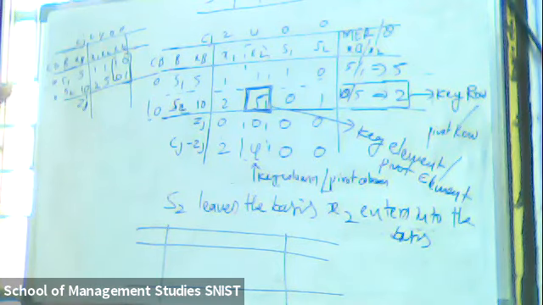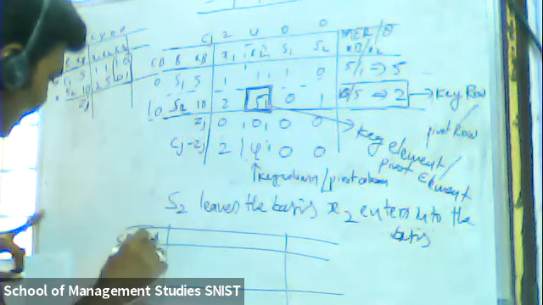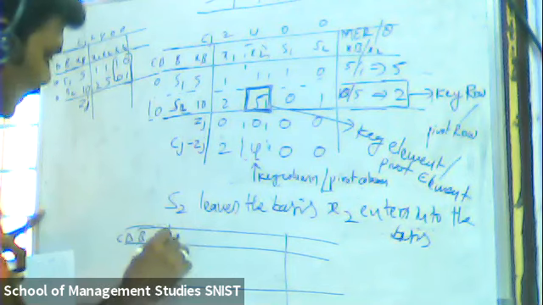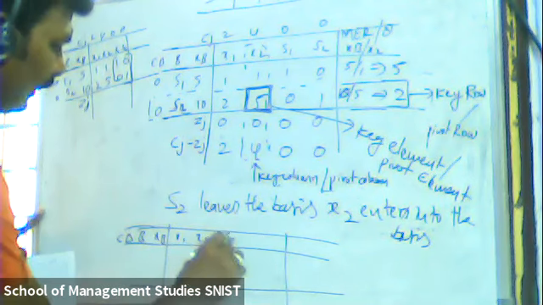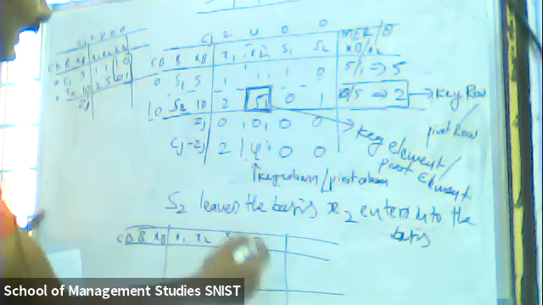Don't draw like that. Very neatly you need to present that in the examination, and for that also you will get marks. So see the same thing again: CB, B and XB, X1, X2, S1 and S2. Now, can any one of you tell me, is it necessary to write S2 again here?